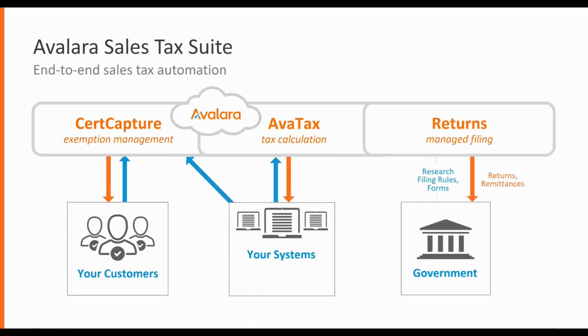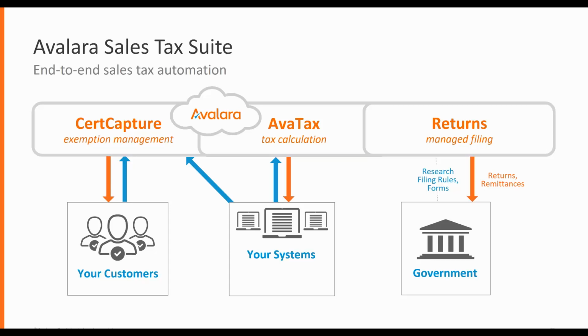And this is just a good visual that shows you how that works. Your system's in the center, that's GP, and add an eCommerce or CRM, whatever else you're using in there. That plugs in directly with AvaTax, so that's where the communication takes place, and it also plugs into cert capture. So at the point of transaction, AvaTax and cert capture will ask a certain number of questions.